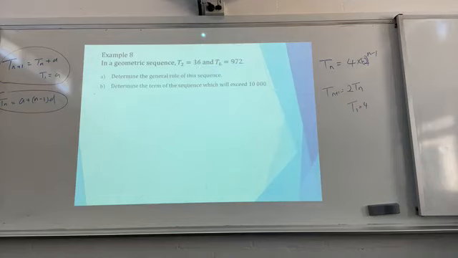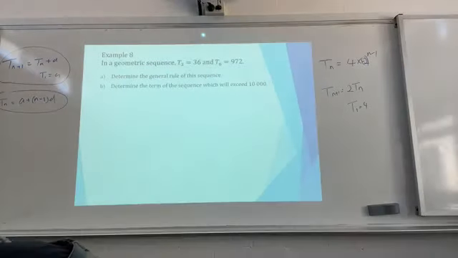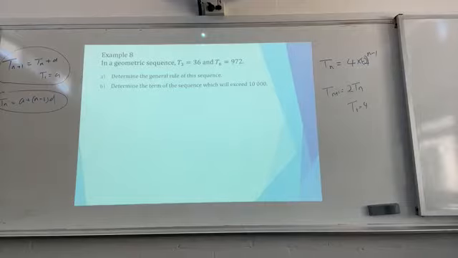All right, last example. Last example, you need your calculator. You need to find the ratio first. Remember what I said about the ratio.